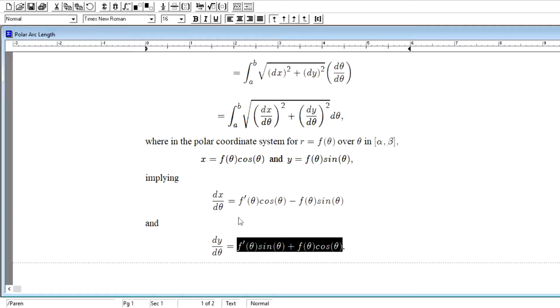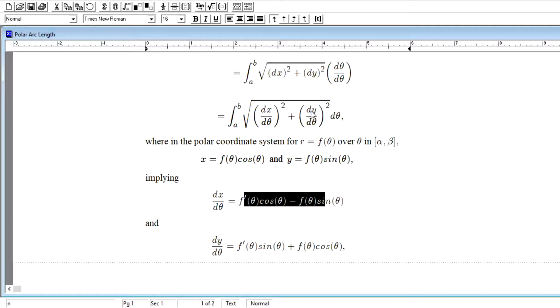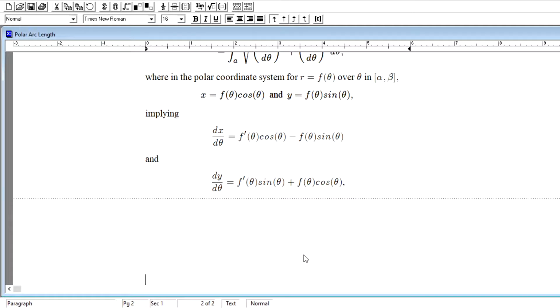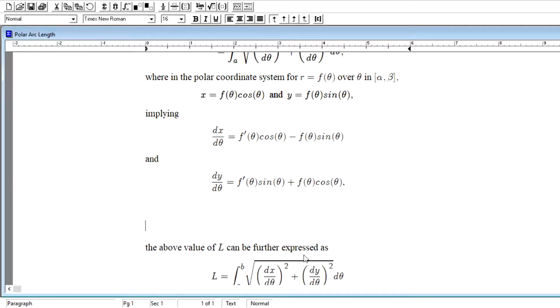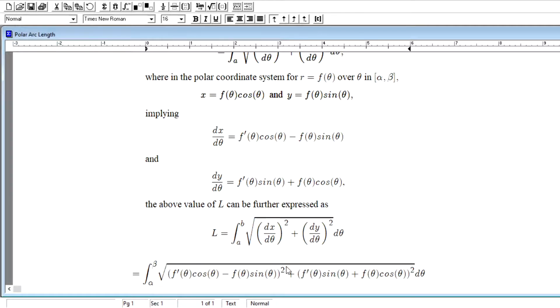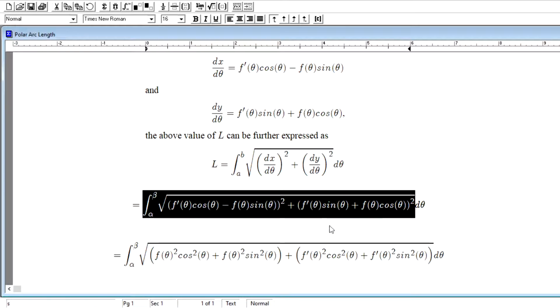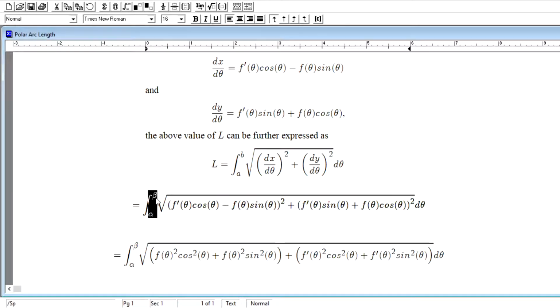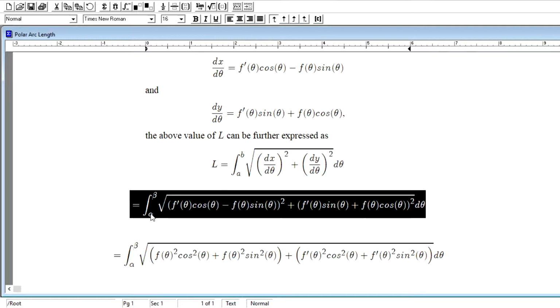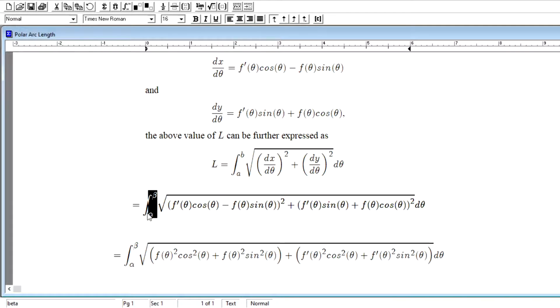line, where we can substitute into this statement for dx d theta this quantity, and into this statement for dy d theta this entire quantity. And when those are substituted in, the above value for L, which we have stated this way, can be expressed this way in terms of theta, where we are now integrating theta from alpha to beta.